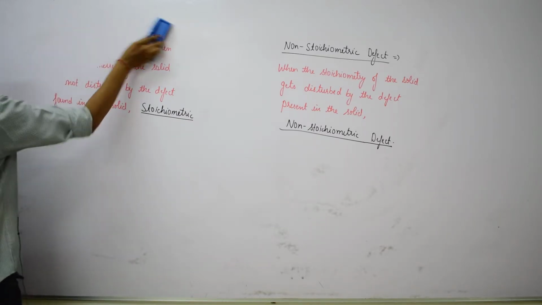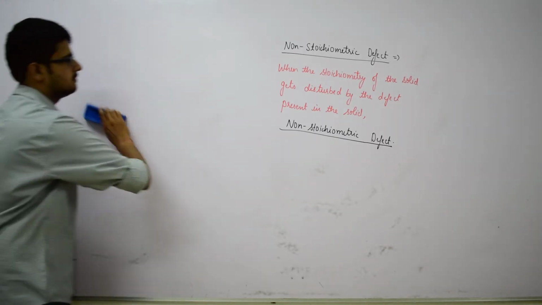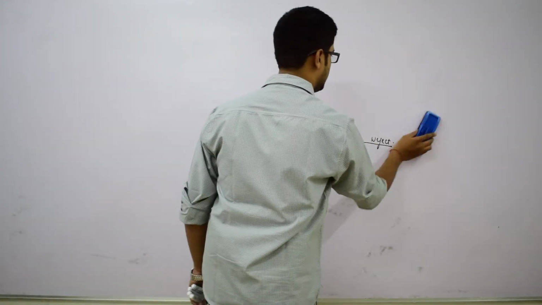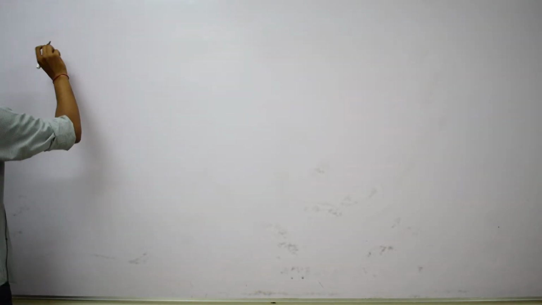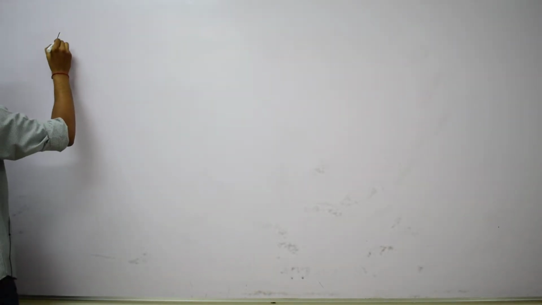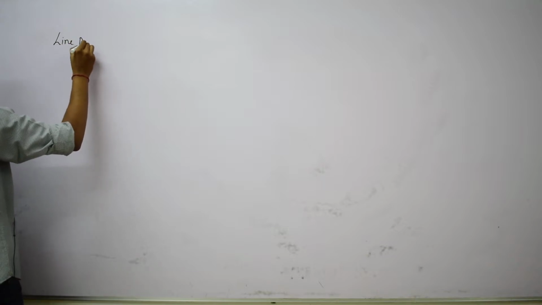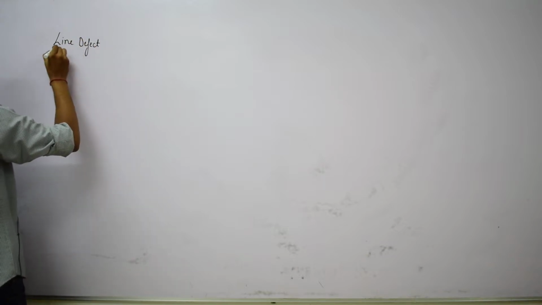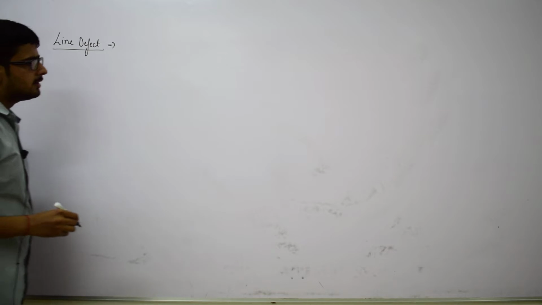Now, let us discuss the two types of lattice defects. The lattice defects are of two further types: line defect and plane defect.